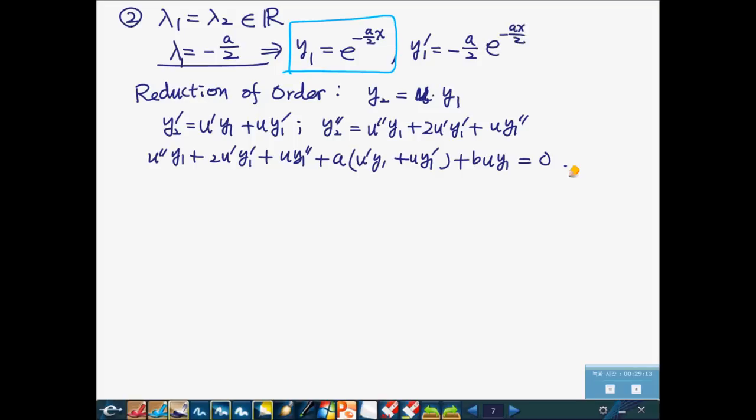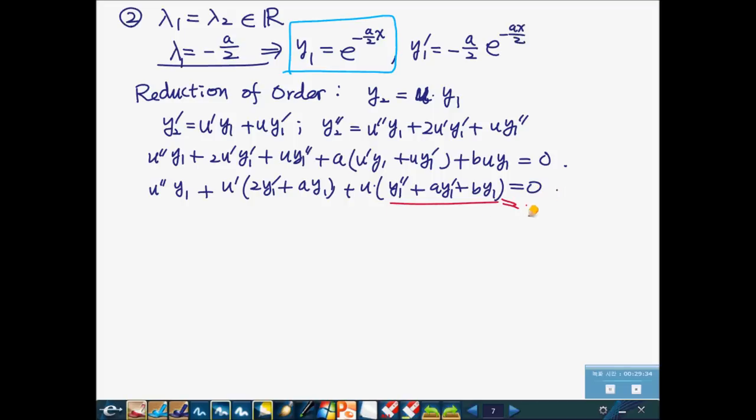And we factor with respect to u's: u double prime y1 plus u prime times (2y1 prime plus a y1), plus u times (y1 double prime plus a y1 prime plus b y1). And we know that this last part goes to 0, because it's a solution.